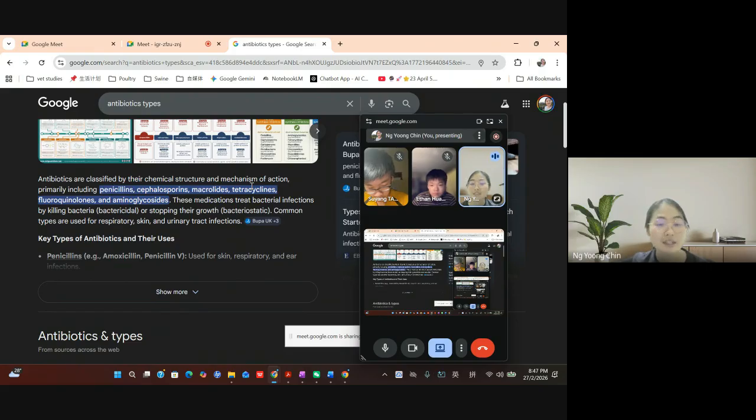If you study medicine or biology in future, or pharmacy, you will learn more about these antibiotic types. Sometimes the doctor gives you a test to check whether the bacteria inside your body are sensitive or resistant to which kind of antibiotic.